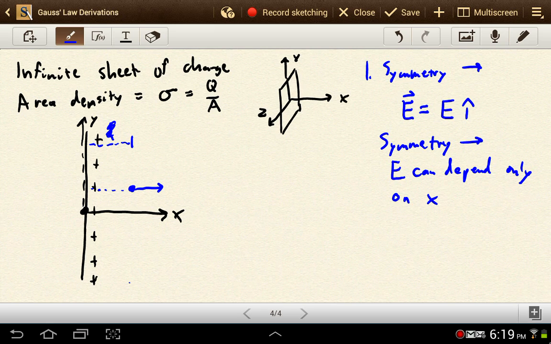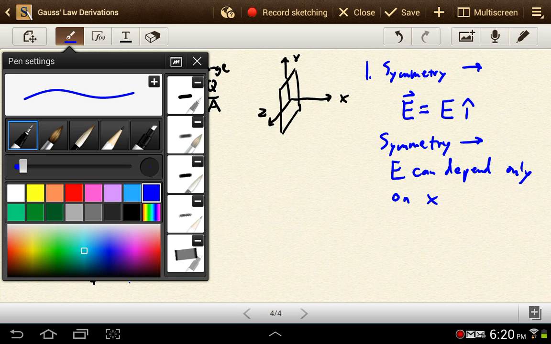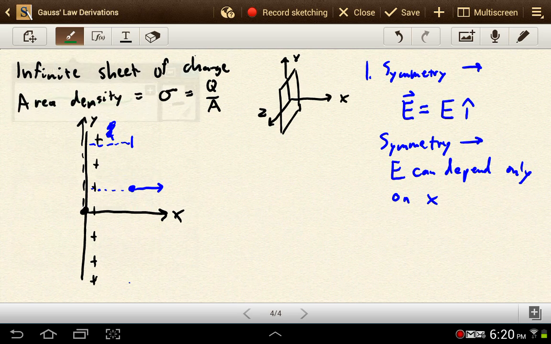So what I'm going to do now is set up a Gaussian surface that goes through there. We can pick any Gaussian surface that has an area of A and is parallel to the sheet. We know then that the electric field all over this surface, with area A, will have the same electric field everywhere.